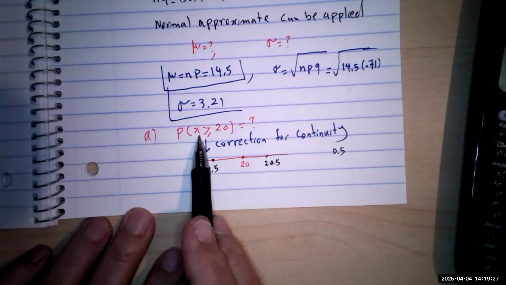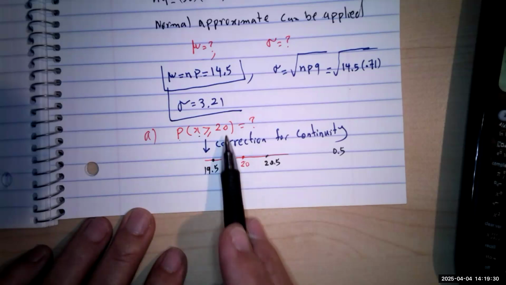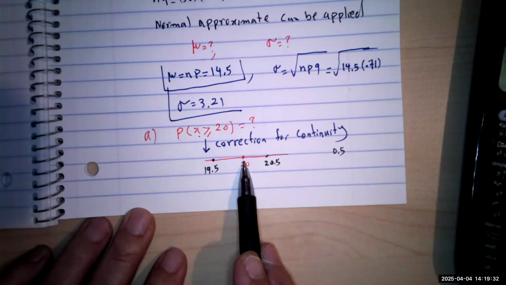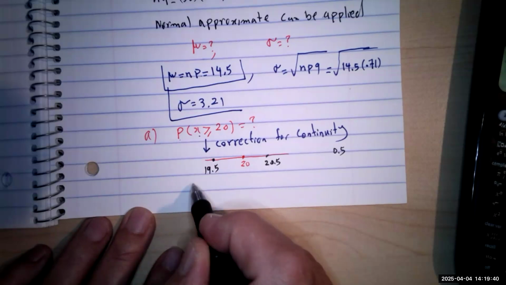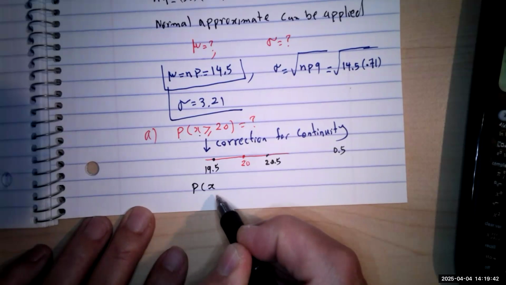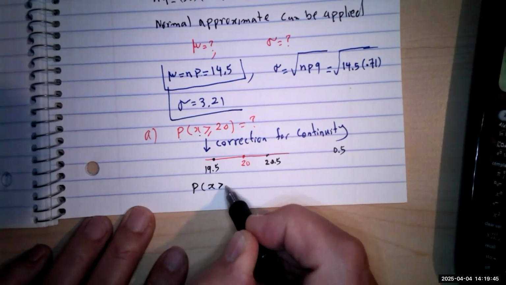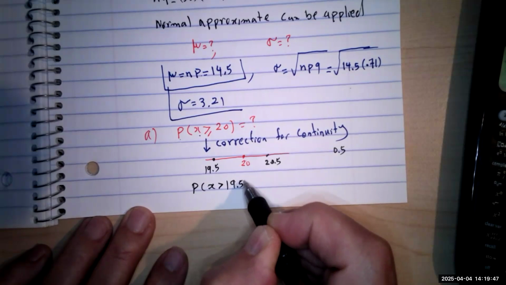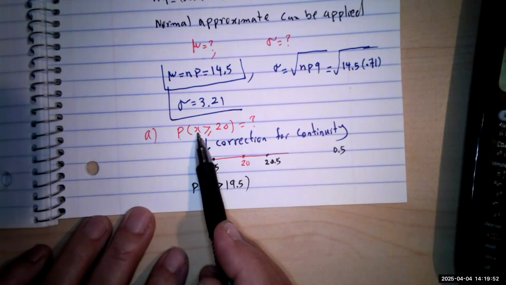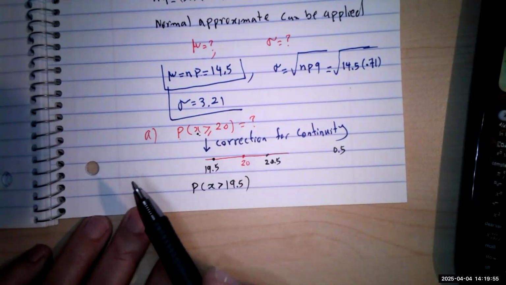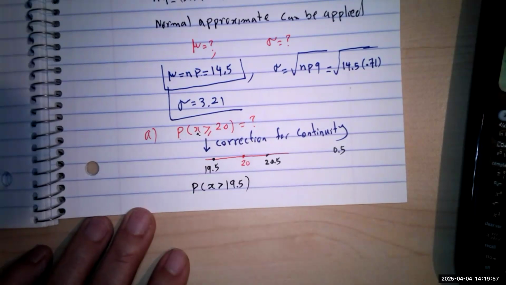Now, P of x greater than or equal to 20. You want it to be greater than or equal to 20, and 20 is greater than 19.5. So we are going to change that x into x greater than 19.5. That's why we can start with the r here, to show that this is a discrete number, then you change it.